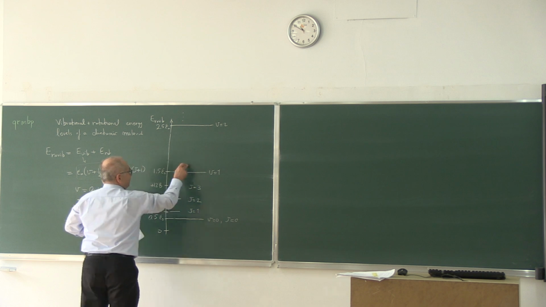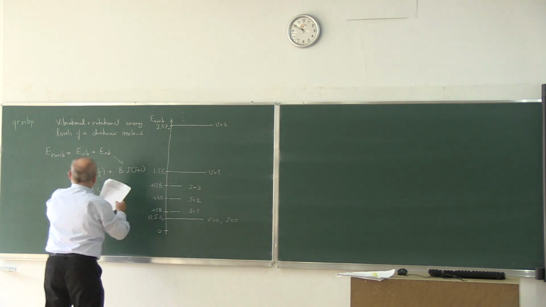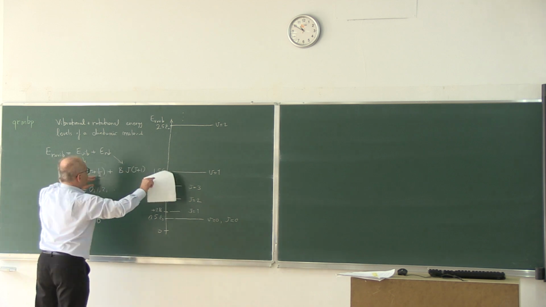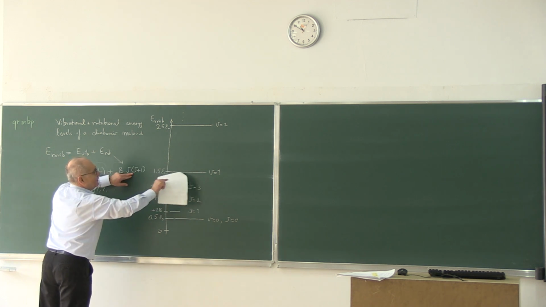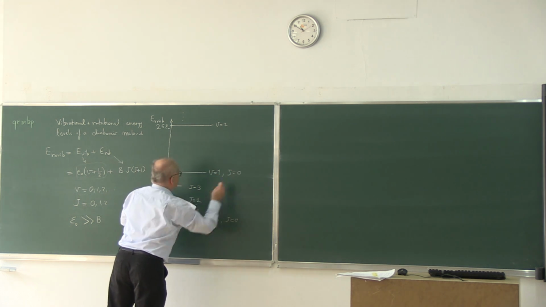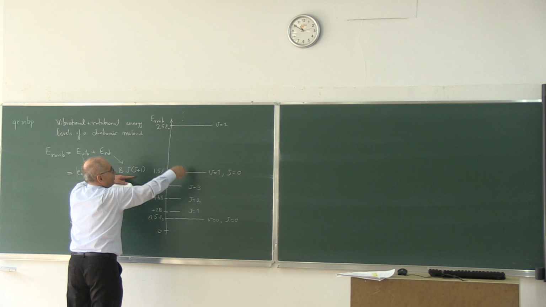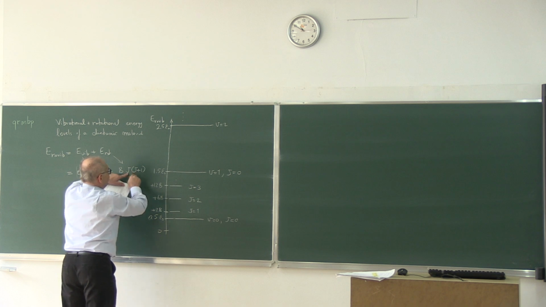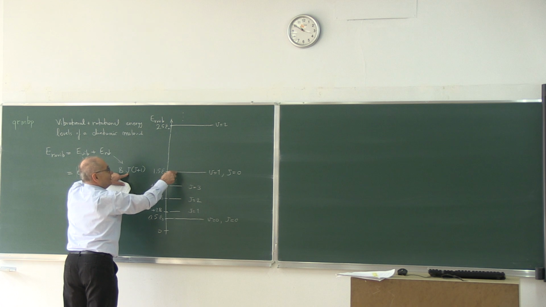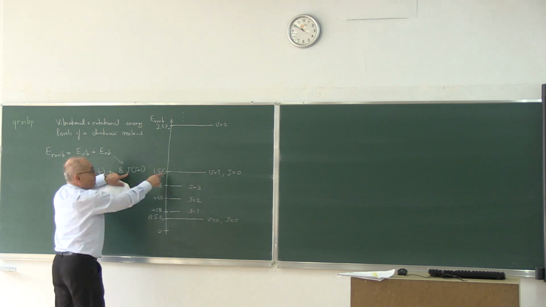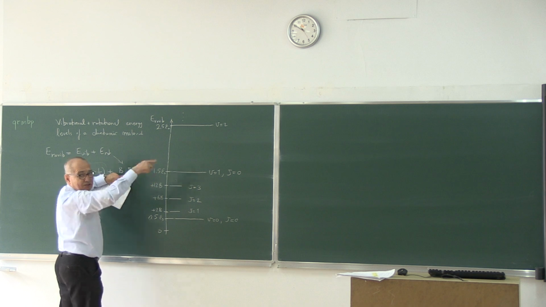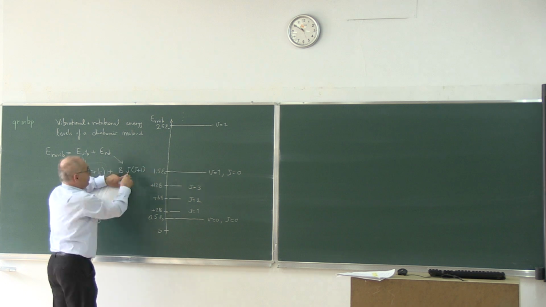Let us fill this one. Now, for the next vibration level, V equals 1, J equals 0, it is this. Now, we continue adding contributions from the rotation level to this vibrational level. Here, V is 1. The vibration energy is 1.5 F0 plus the rotational contribution, which comes from here.